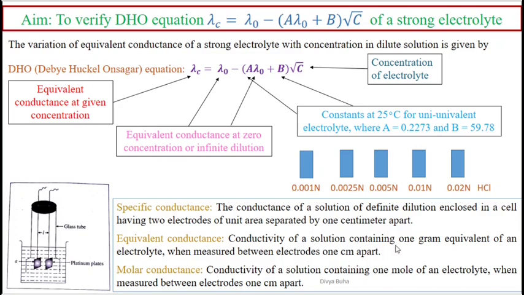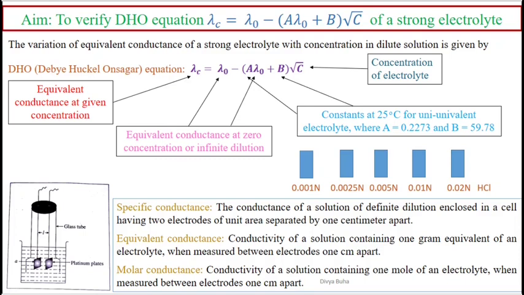Okay, so for this practical, first of all, you have to take a univalent strong electrolyte. So now let us understand what a univalent electrolyte is. The electrolytes which, when they dissociate, produce ions having the same valency. We know that whenever the electrolyte dissociates, it would form positive and negative ions, right?